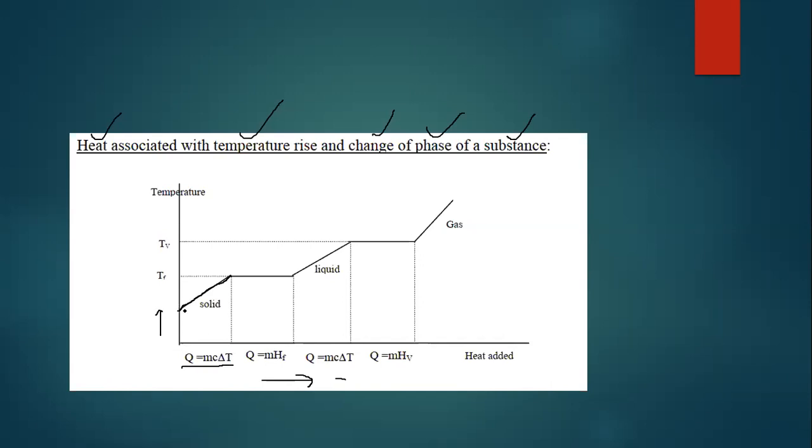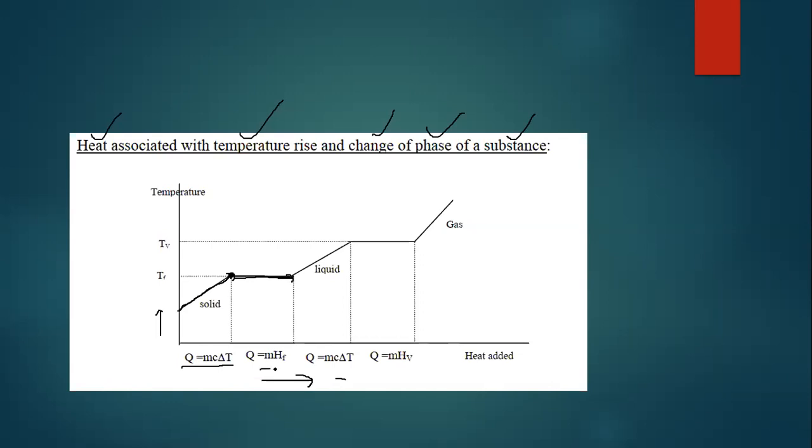If it is in solid state, there's no phase changing, it is still a solid, temperature will rise until a point where it will start melting. When we reach its melting point, temperature will remain constant. There will be no change in temperature, but we'll continue adding heat.